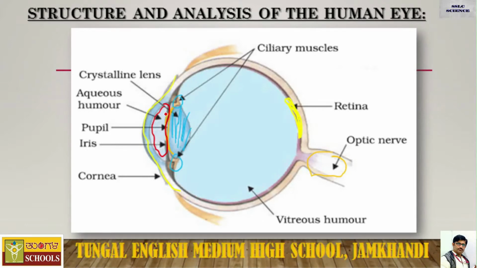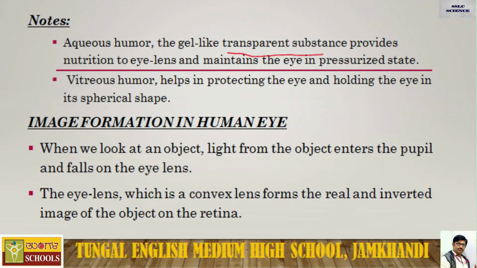Okay, and we have one more substance, called vitreous humor. Vitreous humor again is a type of gel-like material, which helps in protecting the eye. It protects the eye and plays a vital role in holding the eye in its spherical shape.